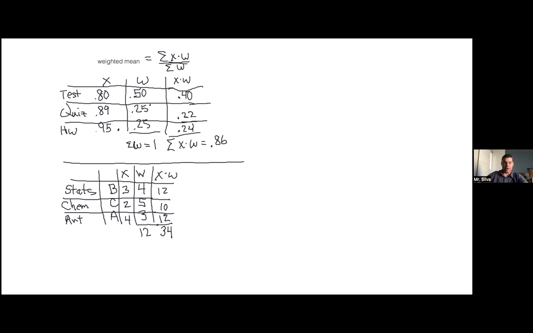So that's where the term grade point average comes from. I average, just like in a mean, my grade points. 34 divided by 12. 2.83. And there it is. Your GPA.